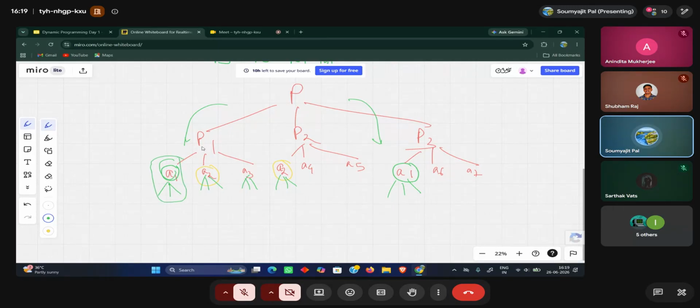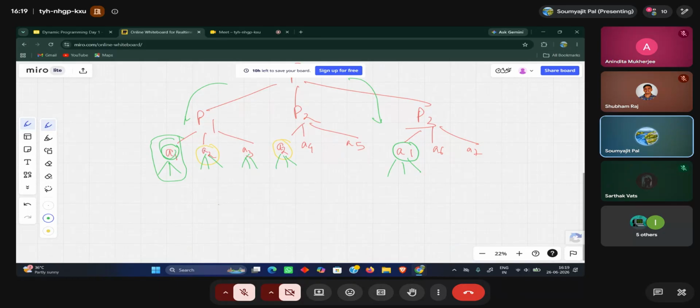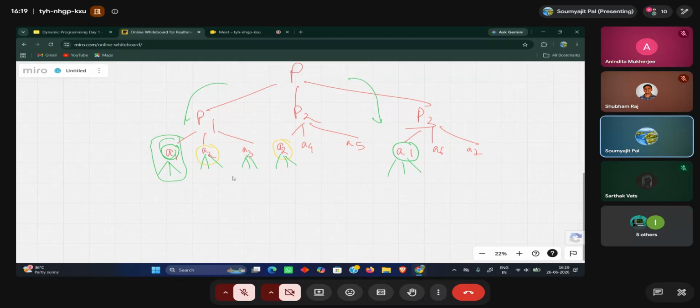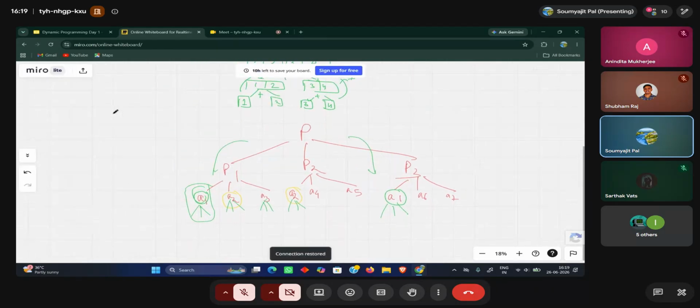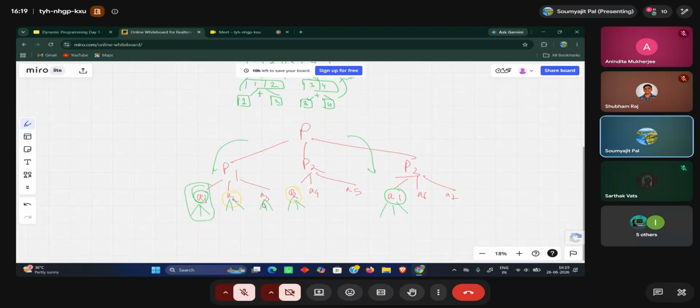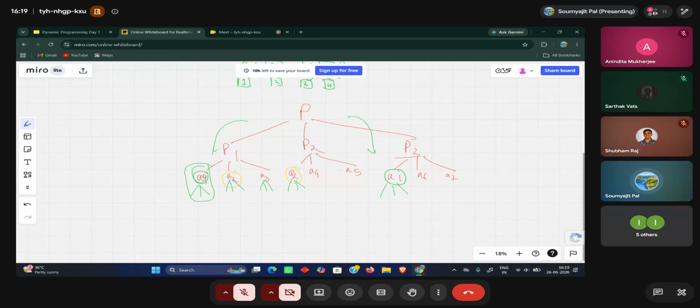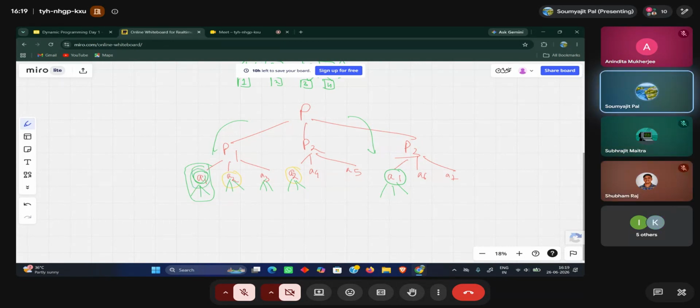So I need some memory to store the answer of certain subproblems that are repeated, that are famously called overlapping subproblems, right?